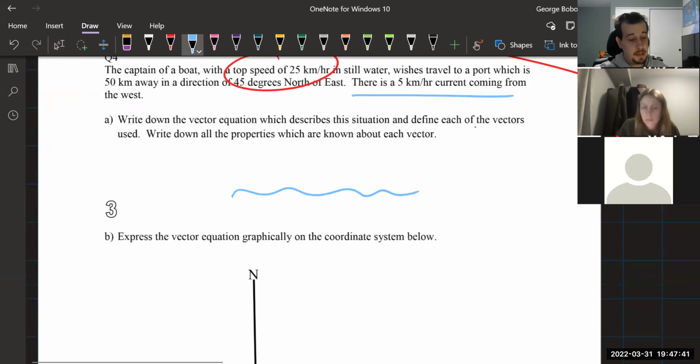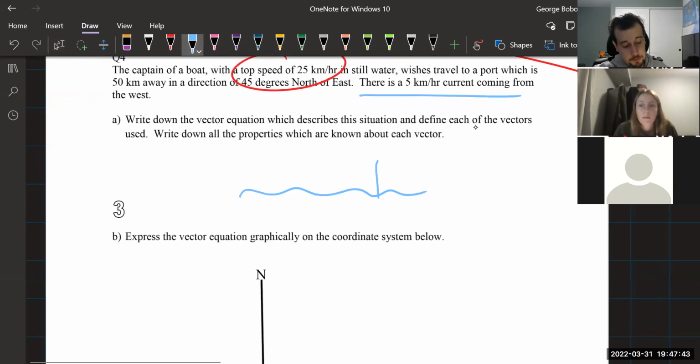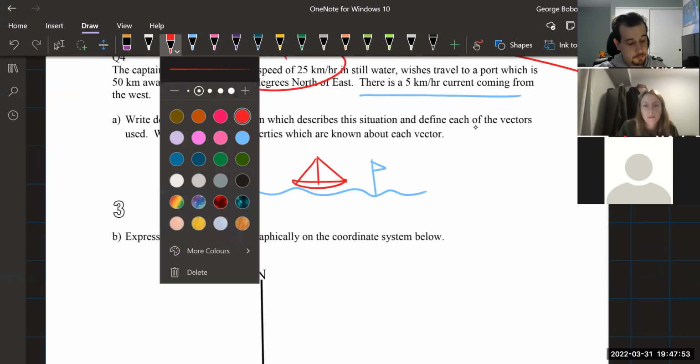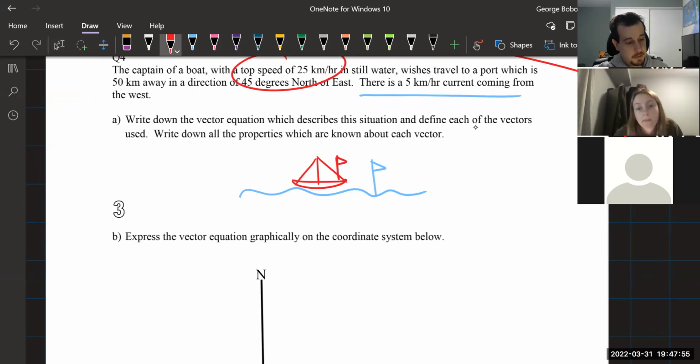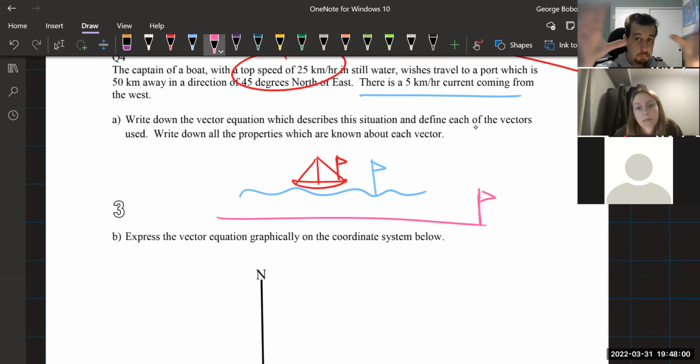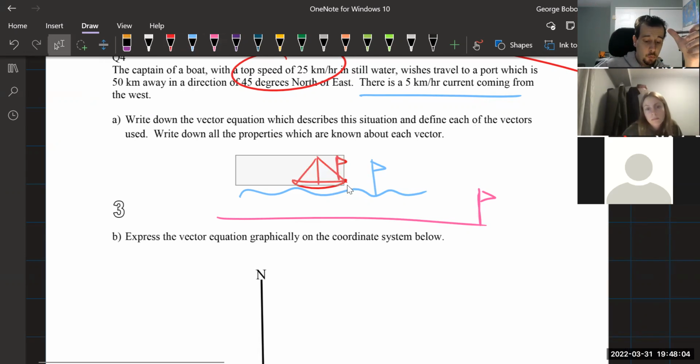Here's the water. It has its own little reference frame. Here's the flag for the reference frame. And here's your questionable boat diagram, and it has its own reference frame. And then we have the ground somewhere over here. So I'm going to ask you this: when does the water appear to be still for you?